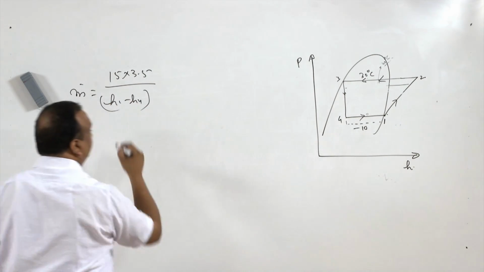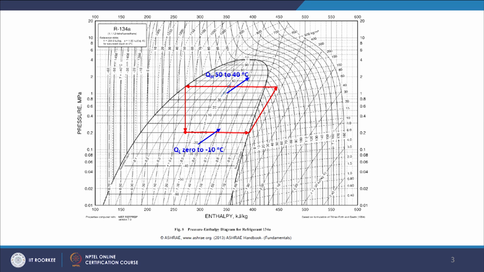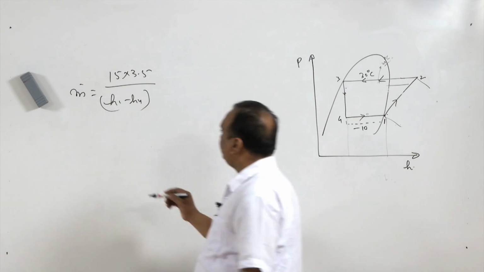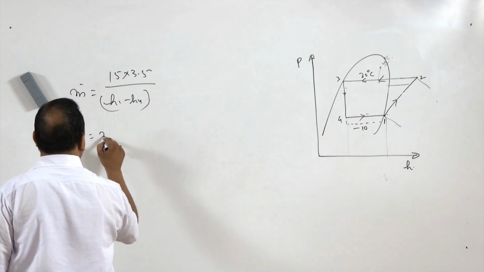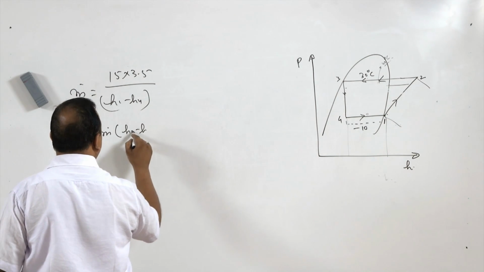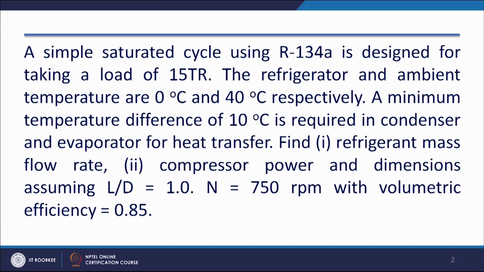The values of H1 and H4 you can take straight away from the pH diagram. Work of the compressor is mass flow rate times H2 minus H1, which will give the work of the compressor.